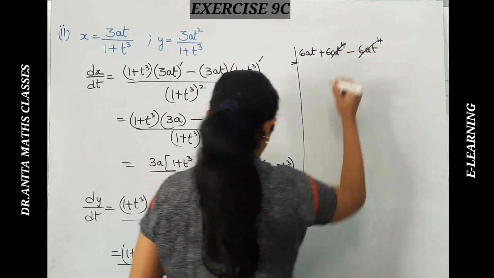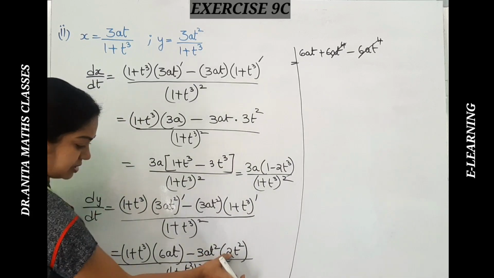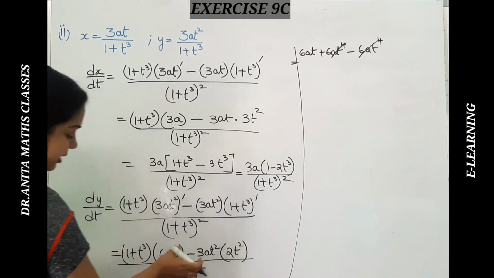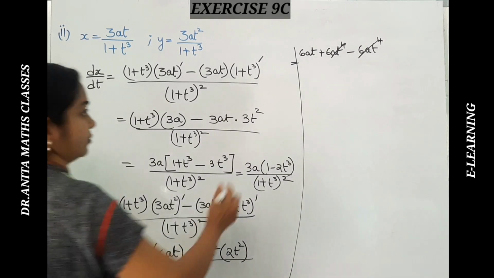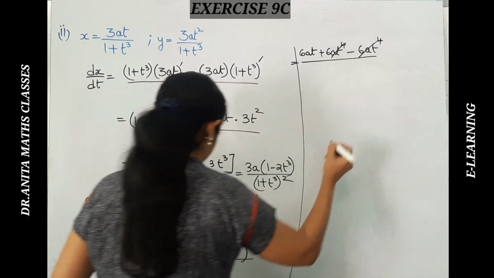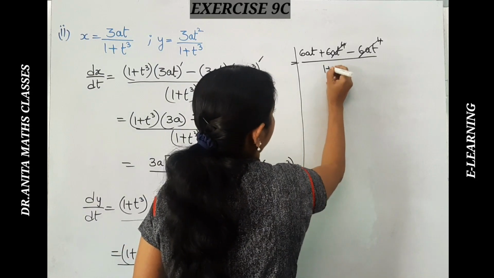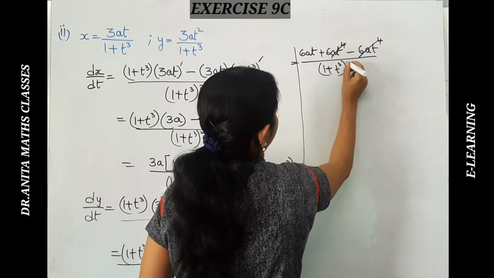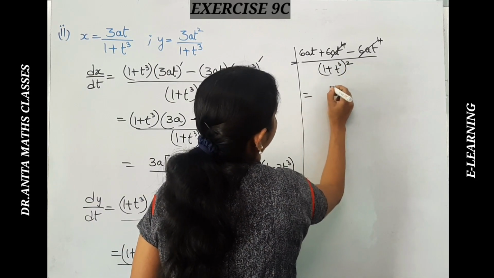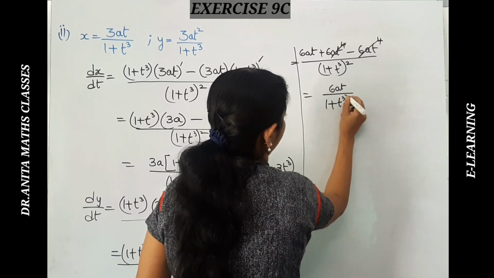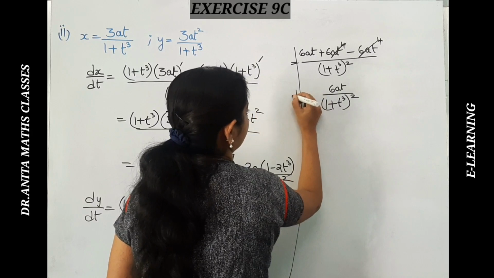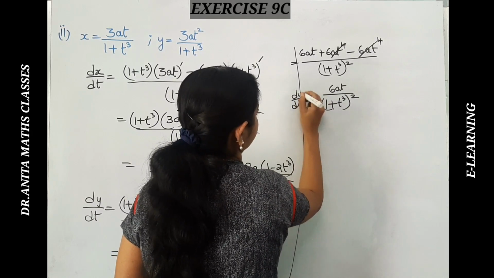So this goes off. Divided by 1 plus t cube whole square. So this comes to just 6at by 1 plus t cube whole square. This is our dy by dt.